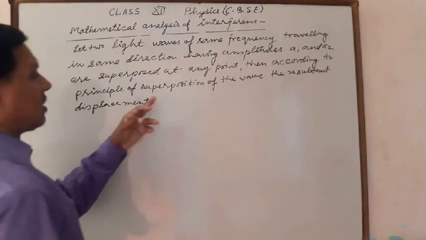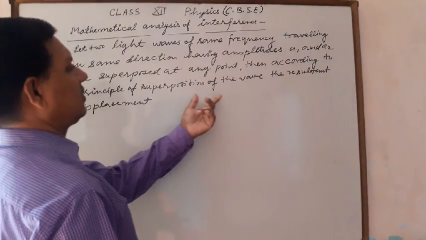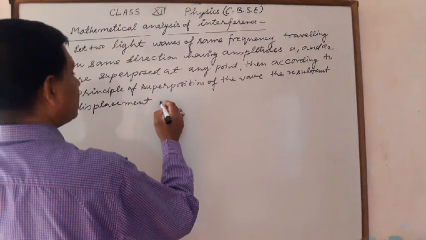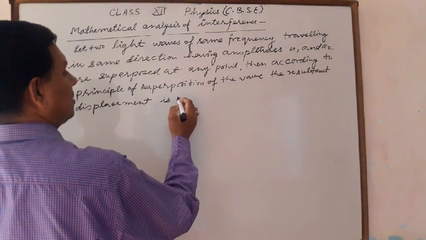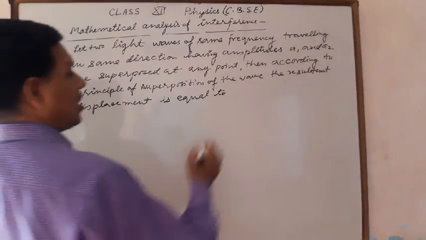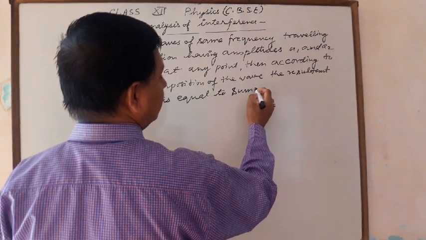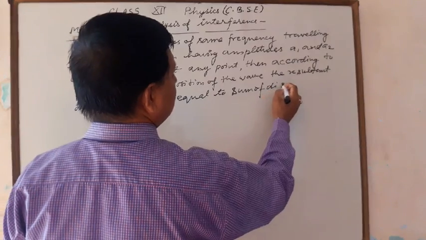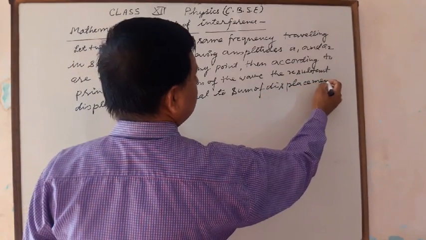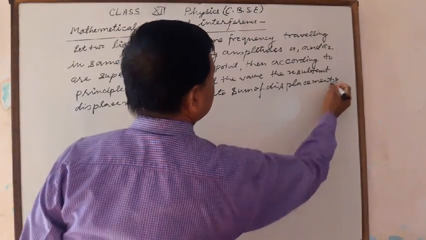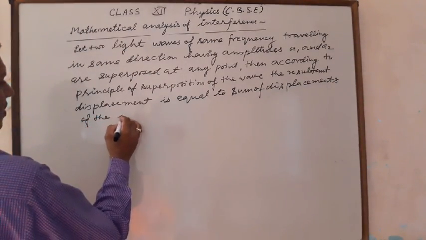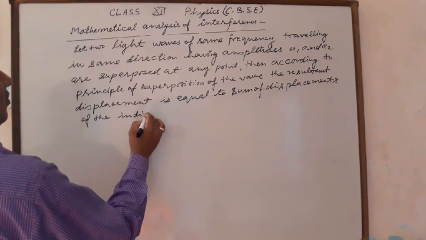According to the principle of superposition of waves, the resultant displacement is equal to the sum of displacements of the individual waves.